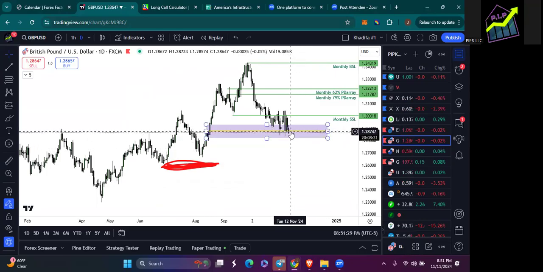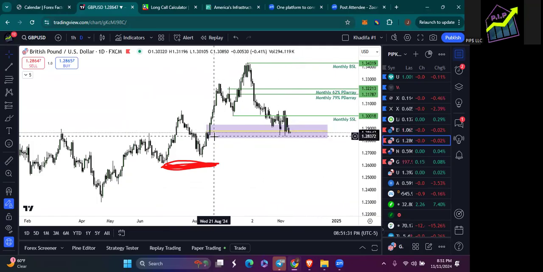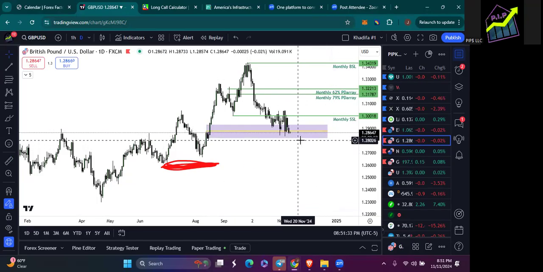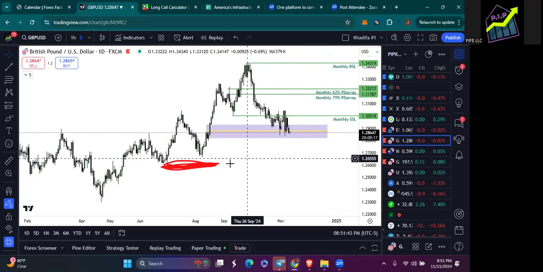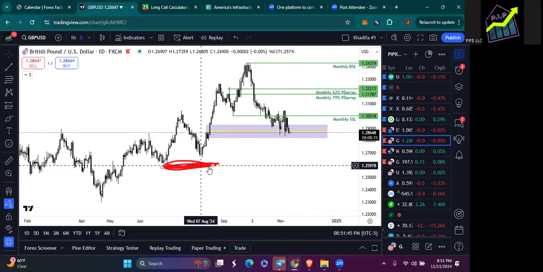I would look for the pound to break below this shaded area and come back and retest it. And I would take a short either off the bottom of that shaded area or consequent encroachment, the halfway mark of that shaded area, down into this pool of liquidity. Cool beans, easy peasy, easy breezy.